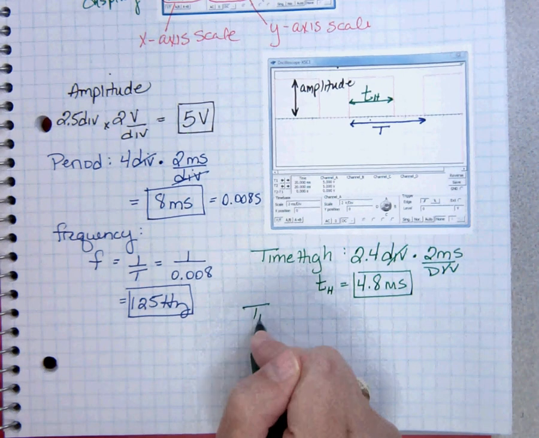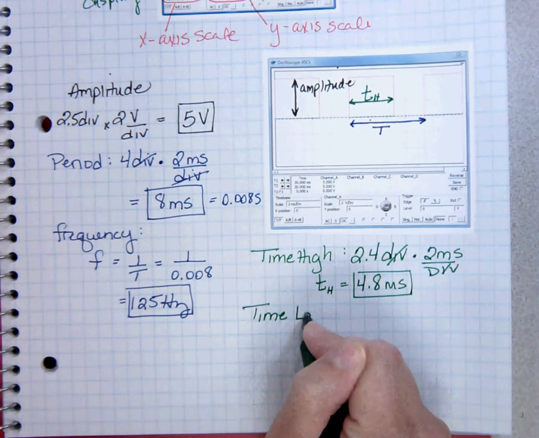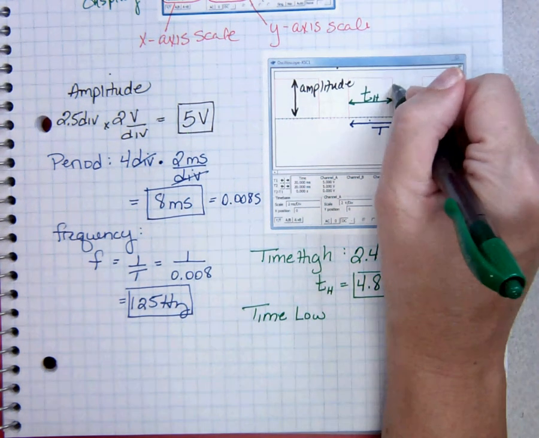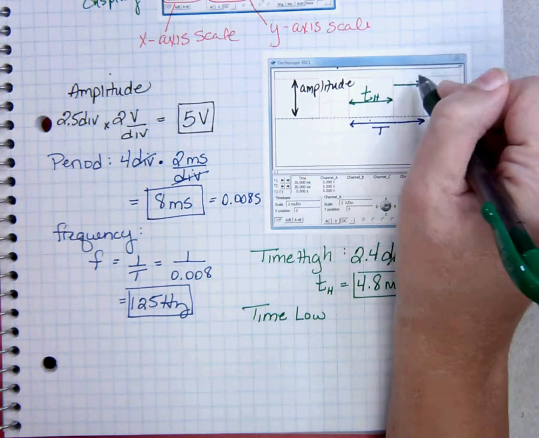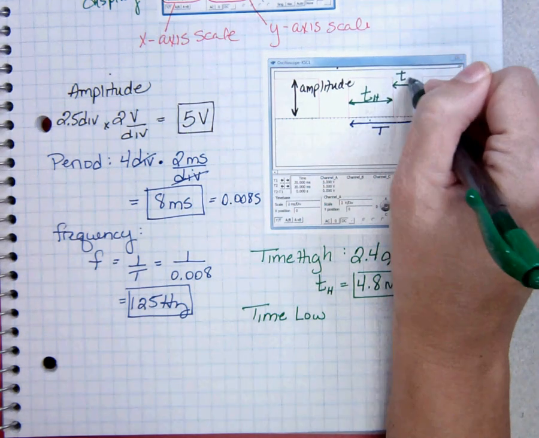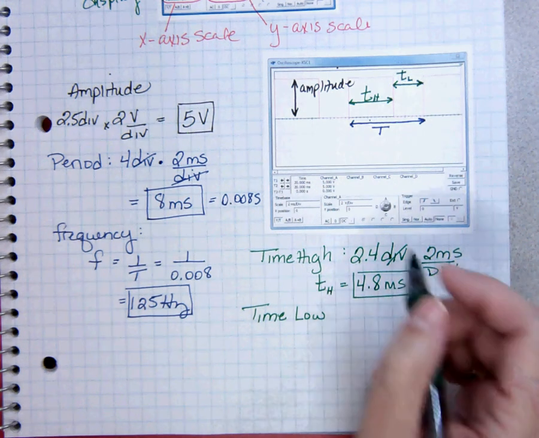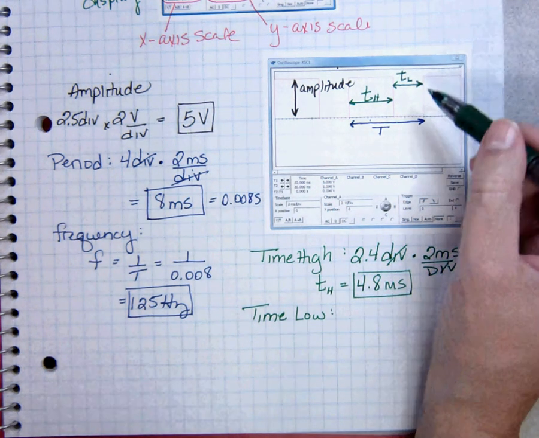Okay, time low works the same way. Time low is this distance here. For time low, I'm going to look at the number of divisions.